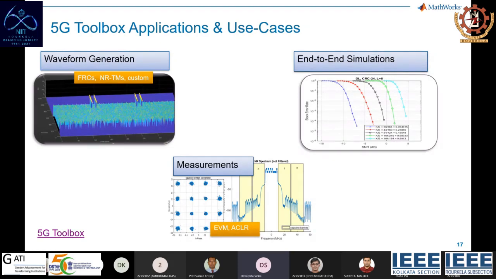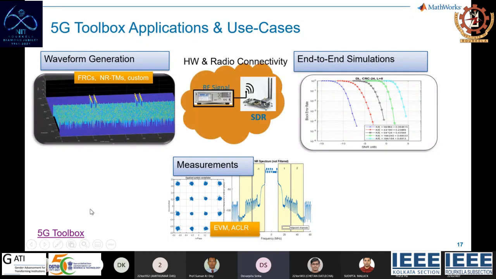And finally, the measurement, whether the parameters, the variables we are analyzing, are compliant with the 5G protocol, right? And finally, there is one optional stage, that is connecting with hardware tools or RF tools. That is, you can connect a radio, like a transmitter or receiver, or SDR as a future step. So after lots of talking, let's see what this 5G Toolbox can actually do.